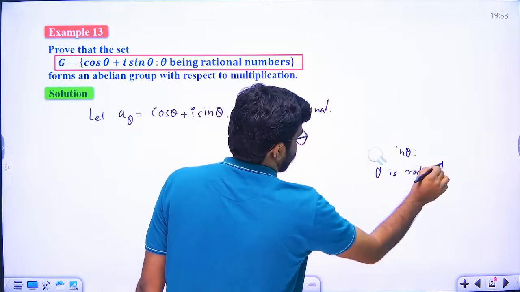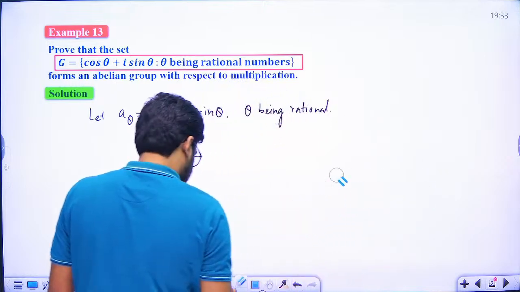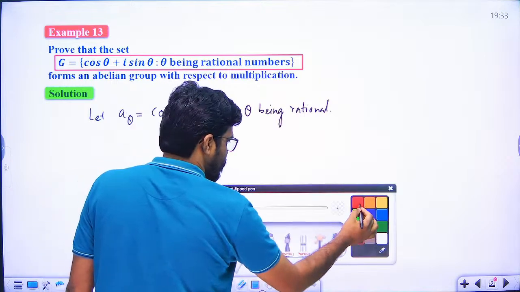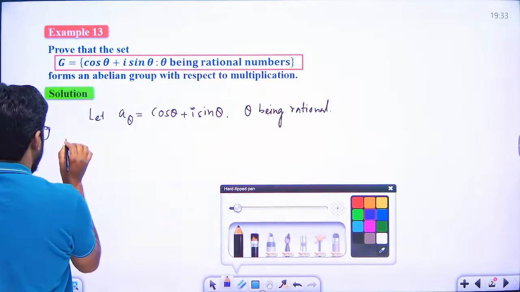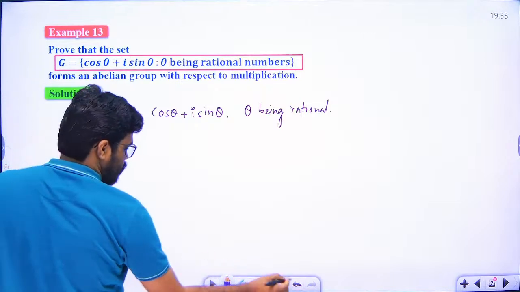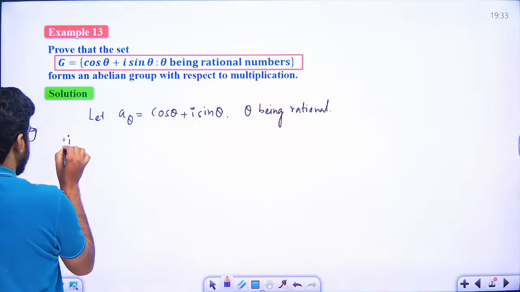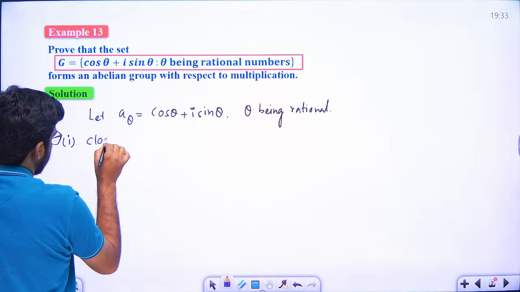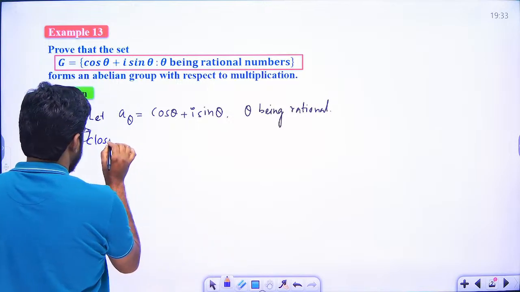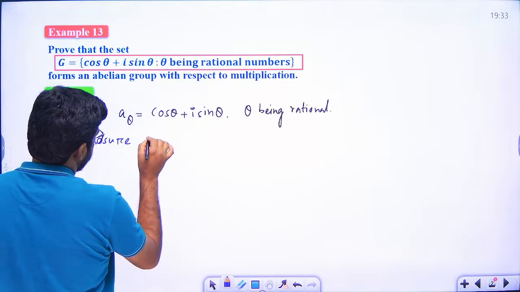So first, closure property. Number one, closure axiom.